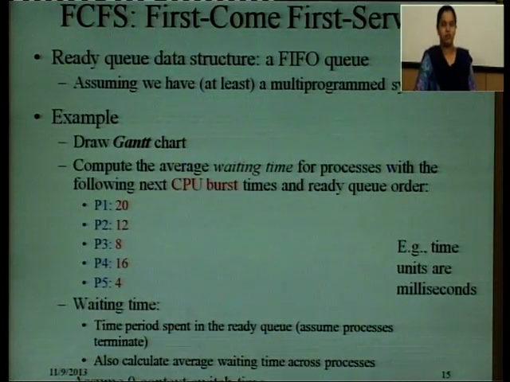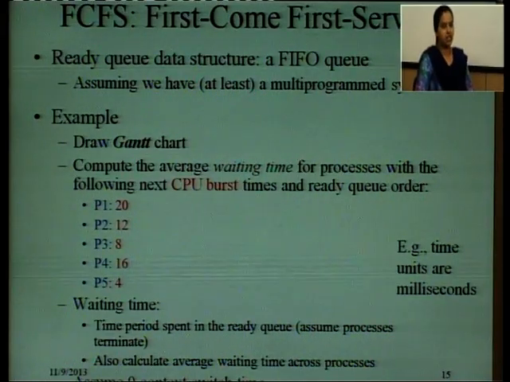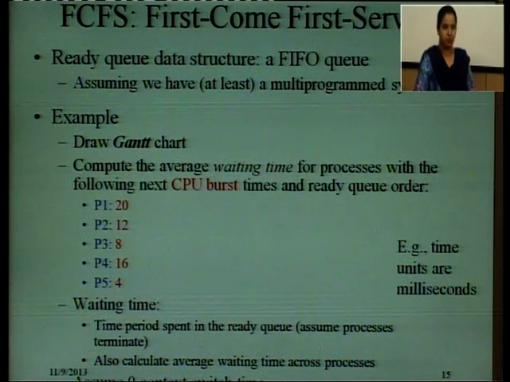Here you see how first come first serve works. The ready queue data structure is a FIFO structure, that is first in first out. For example, draw the Gantt chart for it and compute the average waiting time. Suppose we have 5 processes, namely P1, P2, P3, P4 and P5, and the time needed for execution is P1 has 20, P2 has 12, P3 has 8, P4 has 16 and P5 has 4.